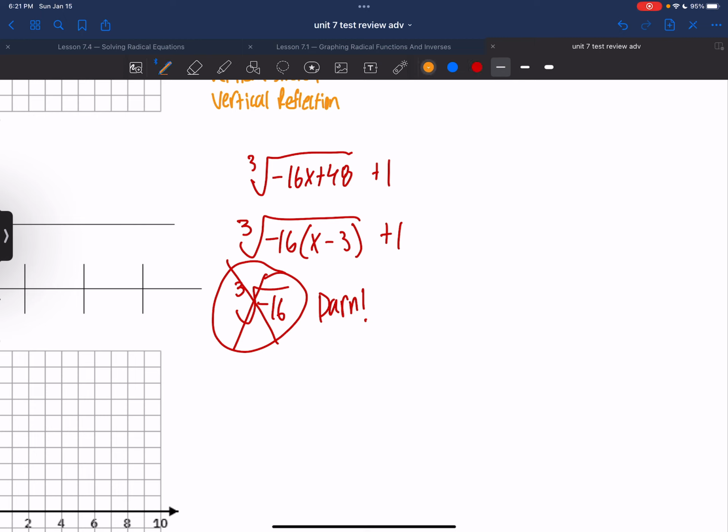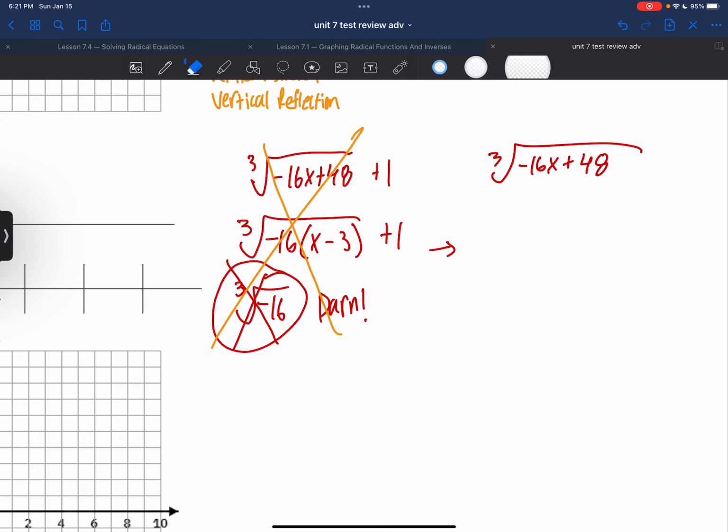So, let's try this again. I'll do cube root of negative 16x plus 48 plus 1. Now, instead of factoring out 16, because I'm not doing square root, I'm doing cube root, right? Cube root, not square root.